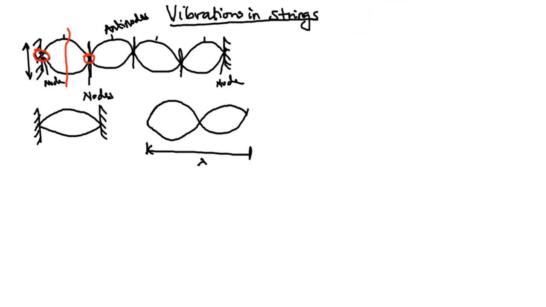So here, from here to here, which is exactly what we have, is lambda over 2. So here we are having lambda over 2, and also we have lambda over 2.